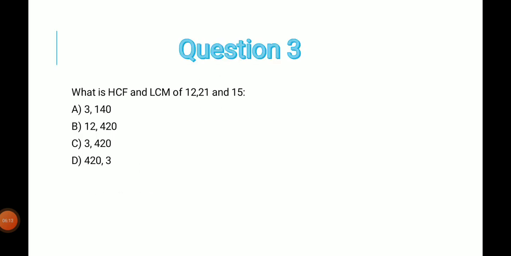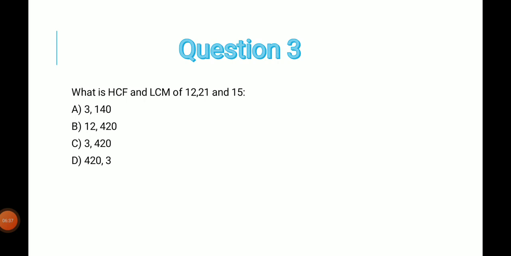Then next is question 3. What is the HCF and LCM of 12, 21 and 15? You are given 3 numbers, and you have to find the HCF and LCM of those numbers. HCF means the common factor in all these 3 numbers.